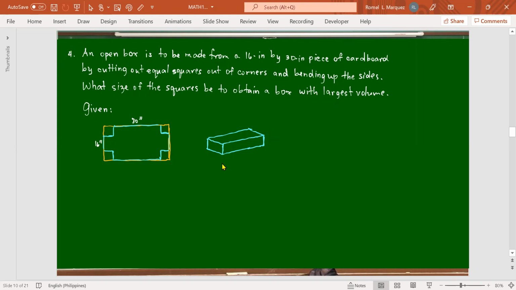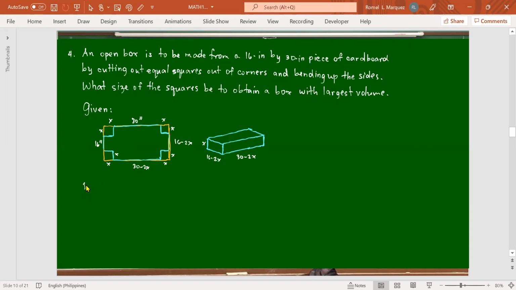If this is x, and x here, then what remains here is 16 minus 2x, and this is 30 minus 2x. Am I correct, guys? So the height is x, the width is 16 minus 2x, and the length is 30 minus 2x.